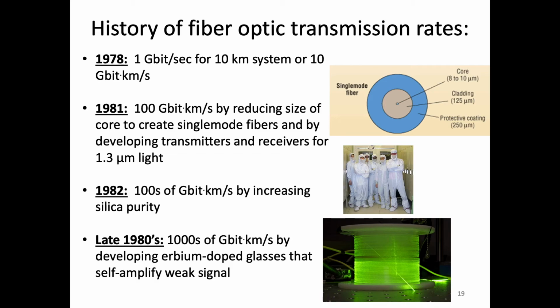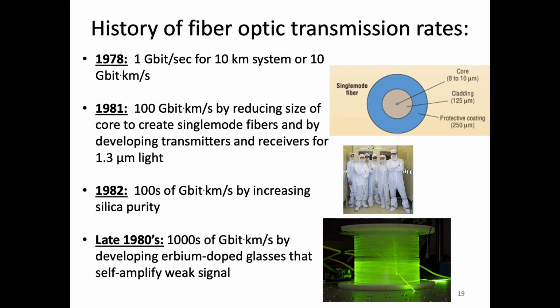And so the more losses we have, the less data that we can transmit per second. Starting off in the 70s, in 1978, we could transfer about 1 kilobyte per second for a 10 kilometer system.